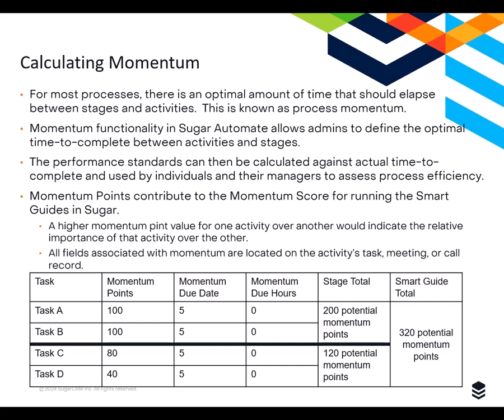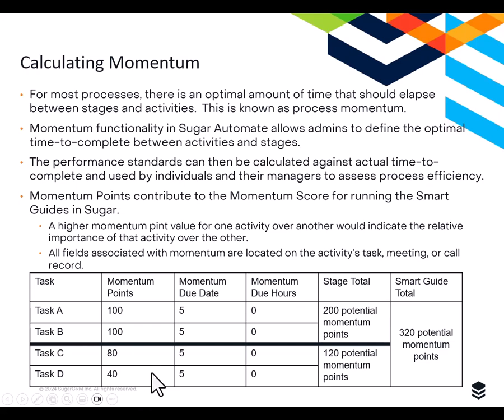As an example, in what we see down here at the bottom, the smart guide template has been set up in two stages. We have A and B in one activity and C and D in another activity. If you scoot over here to the far right, there's a potential for that particular stage to have 200 points, just adding these two points up.